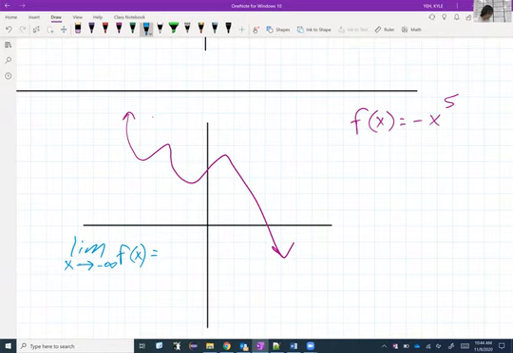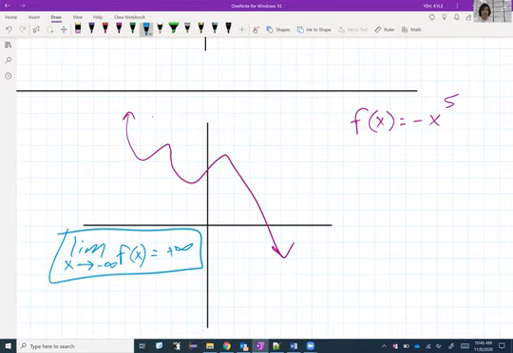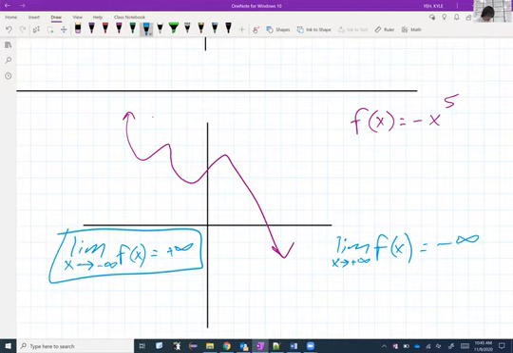As x approaches negative infinity, f of x is actually going up in this case. So we'll say the limit of f of x is positive infinity. And over here, limit as x approaches positive infinity of f of x. Well, what's happening as my x's go positive? My y's go more and more negative.